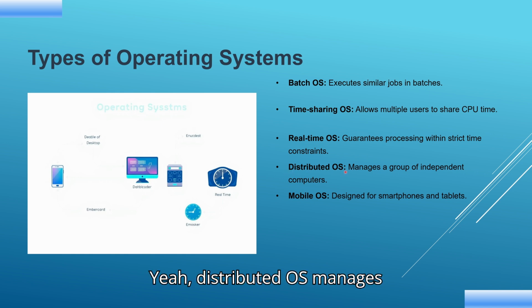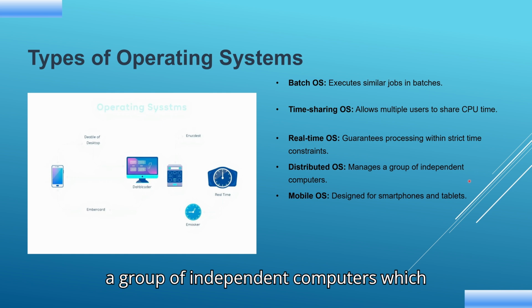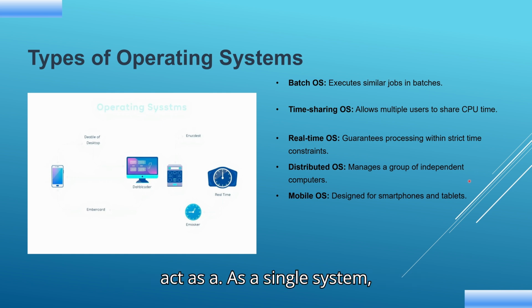Distributed OS manages a network of computers to function like a single system. It manages a group of independent computers which act as a single system. Mobile OS, last but not least. It is mainly found in smartphones and tablets such as Android and iOS. Each type is optimized for its environment.